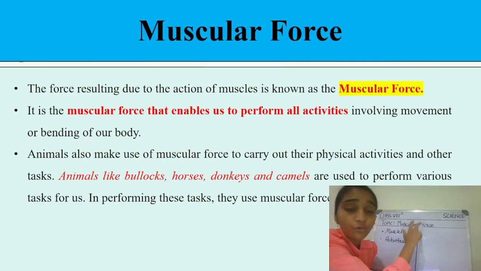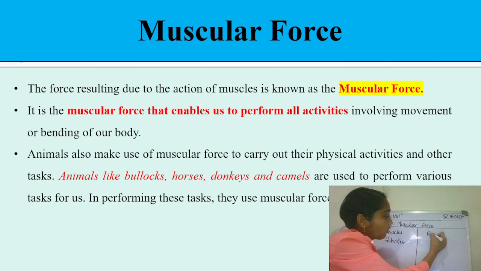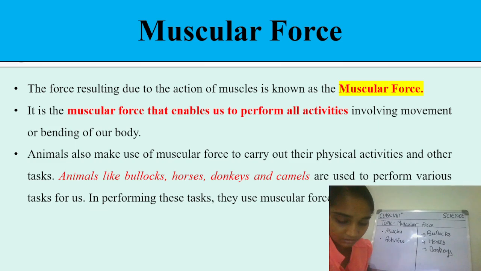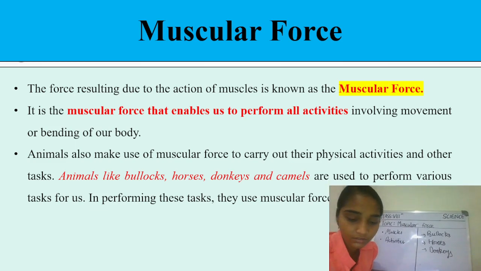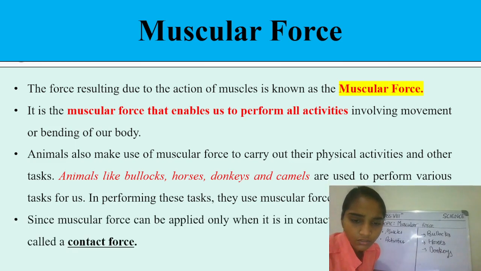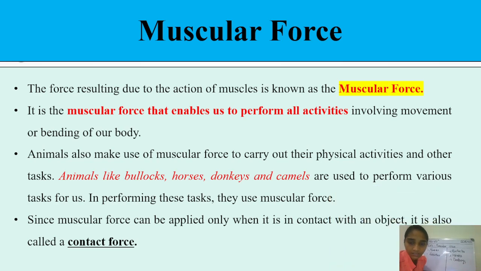Basically the muscular force is involved. In order to perform the difficult tasks, they are making use of their muscles to perform all those tasks for us. Very good, students. So now let me minimize it a bit.